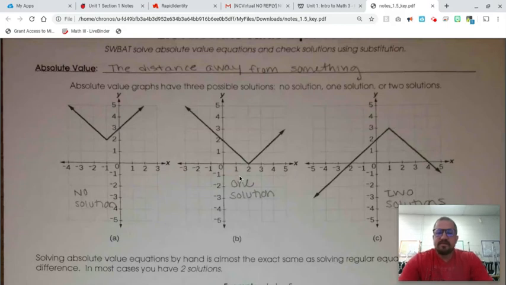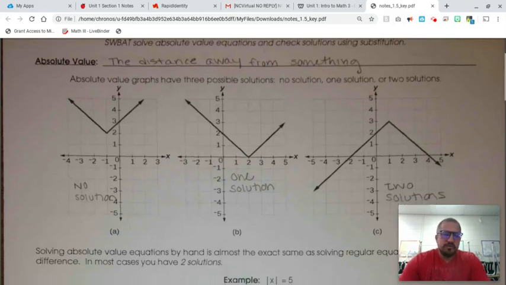If it only hits the x-axis one time, like here it hits it right at 2, then there is one solution. And if it crosses the x-axis twice, like that one crosses at -2 and +4, then that would be 2 solutions. So there's 3 possibilities. You can have no solution, 1 solution, or 2.